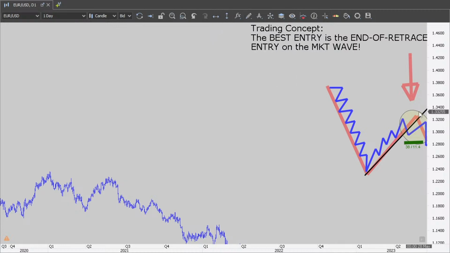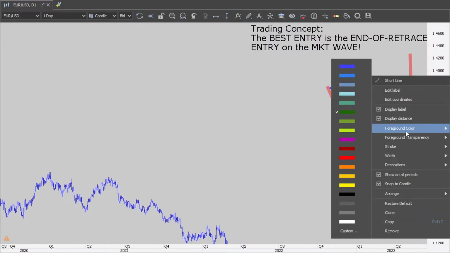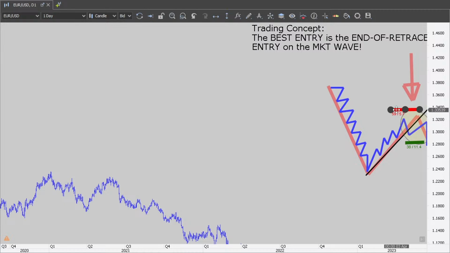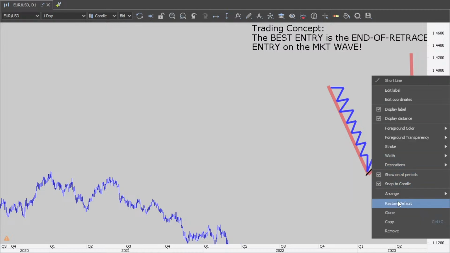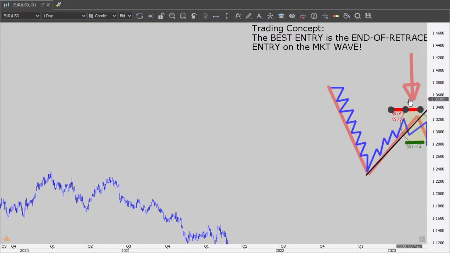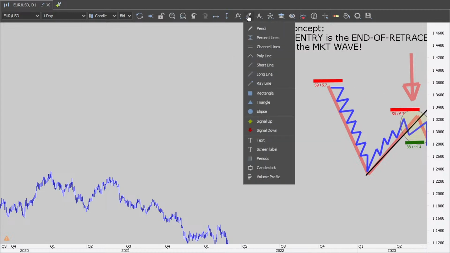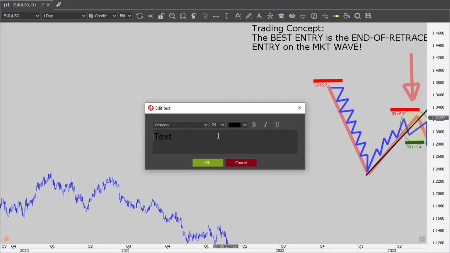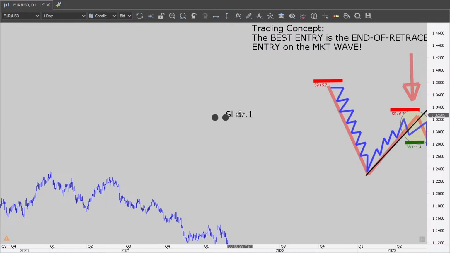Should your stop loss go on the stop loss number 1, or should your stop loss go on the stop loss number 2? And I'm going to tell you, it's a tricky question.